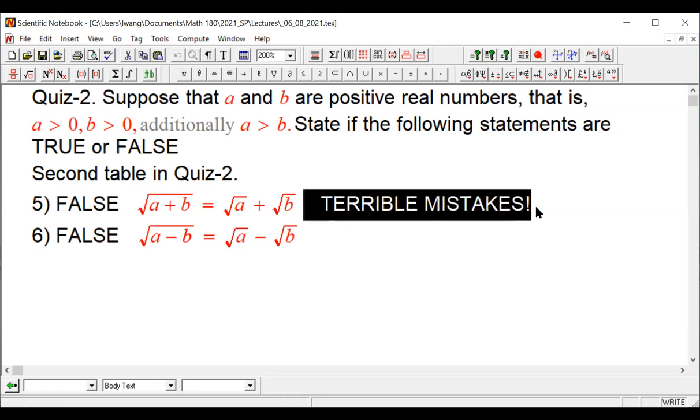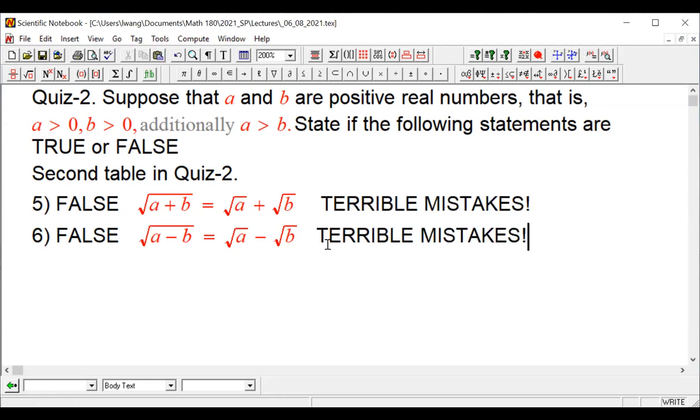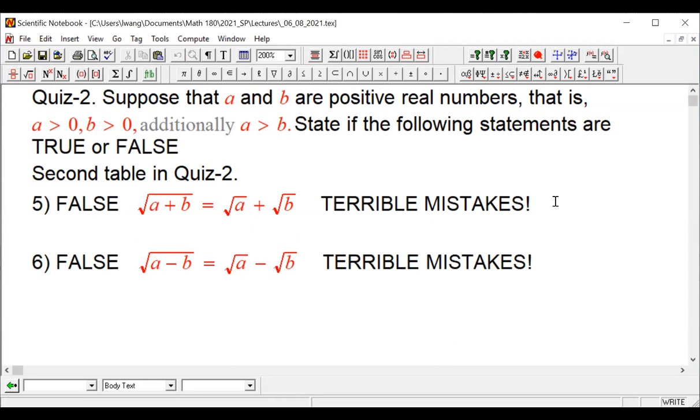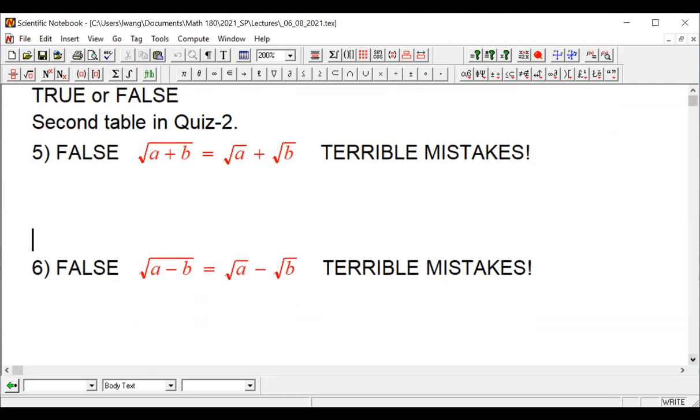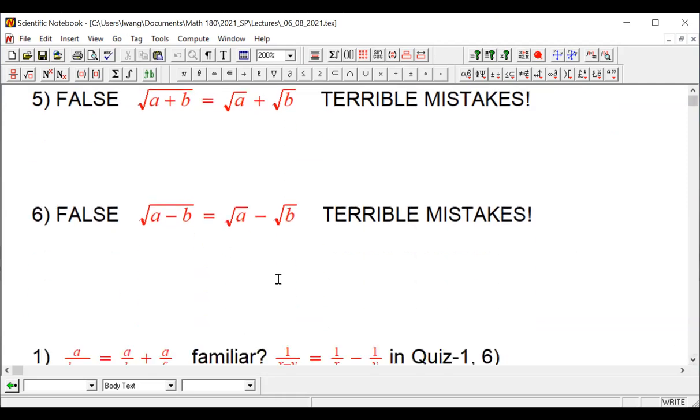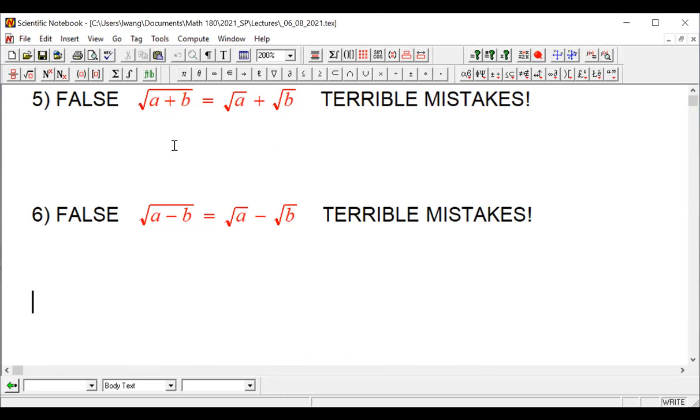Okay, so I'm writing these words here, hoping to get your attention and not to make these mistakes. Why? It seemed to be so intuitive, right? So not worrying about domain, we work with A is positive, B is positive. How about that?